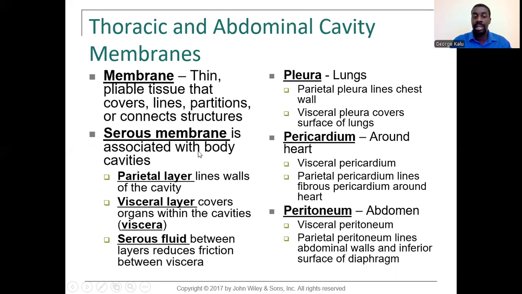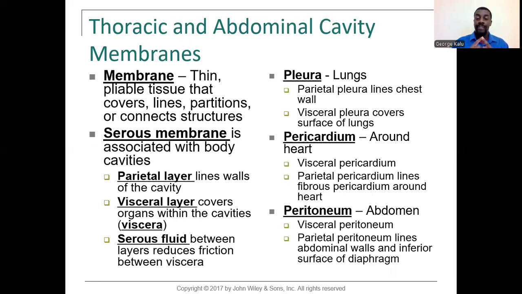The serous membrane is associated with a lot of the body cavities, and it's broken up into three components. The first component is the parietal layer, which lines the perimeter of that cavity. So think parietal, think perimeter. It lines the walls of that cavity.